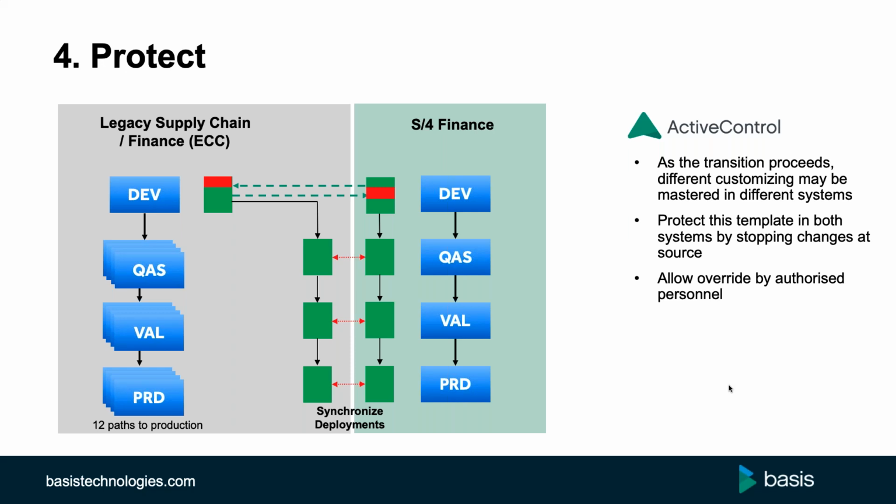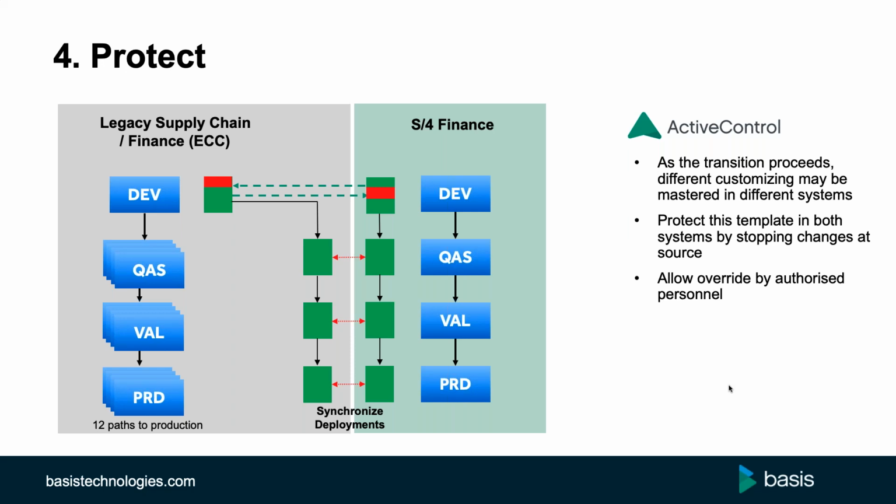And at a certain point in time, you may want to flick the switch and reverse the direction. You may decide that you're now going to manage the majority of your configuration on the S4 side, and the corresponding configuration on ECC for the remaining supply chain scope would have to be mastered, would have to come from the S4 system.